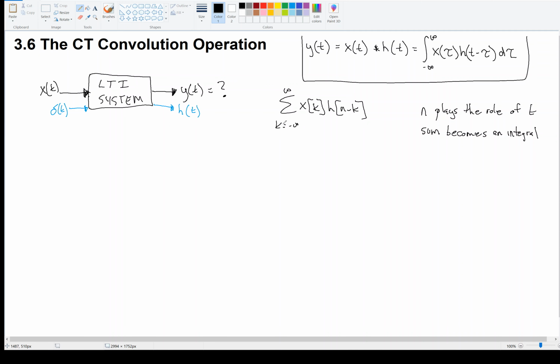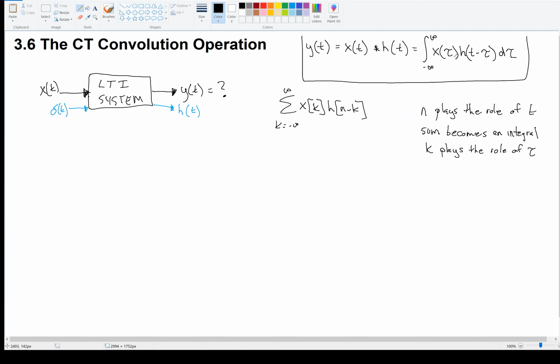Here in discrete time, we summed over k, and the k's go away. You plug in values of k and then they go away. Here we're going to integrate over this dummy variable tau. So k plays the role of tau. And I call it a dummy variable because, again, when you integrate and then plug in bounds, the taus go away.